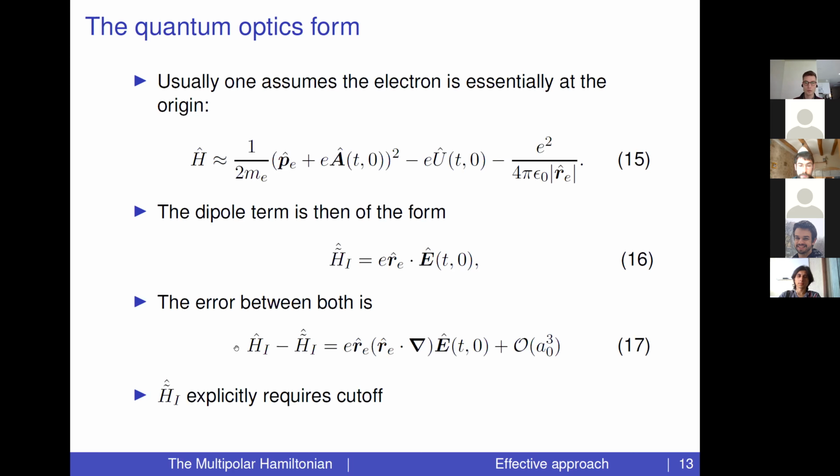Now, the difference between these two models is of order of nabla E times two electric field electronic position operators, and one can show that in the position representation, this is exactly suppressed by a factor of the Bohr radius with respect to this interaction term. We will see later exactly how the Bohr radius comes in, but let's assume this is fine for now.